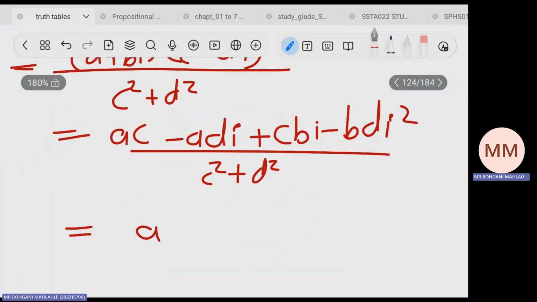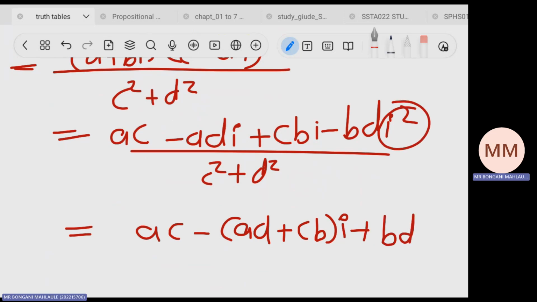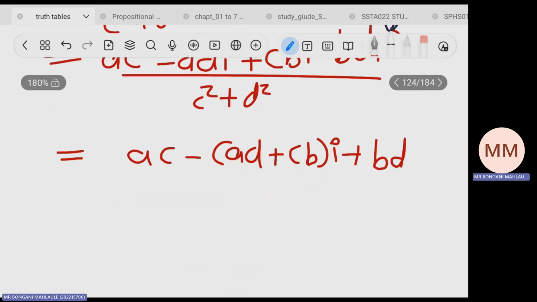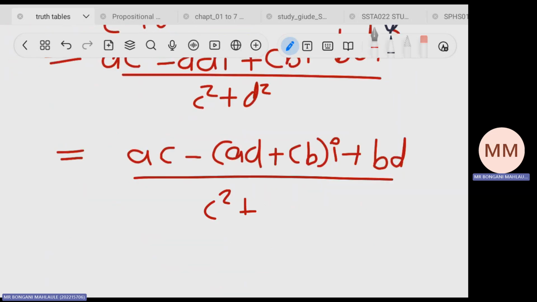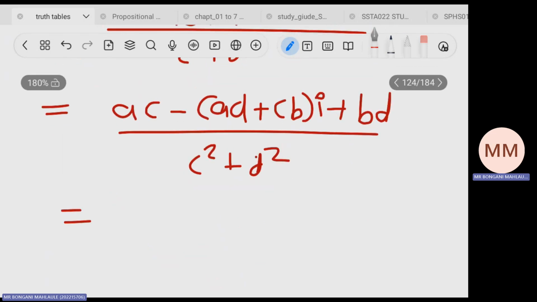Then you realize that this will be ac minus, or this will be ad plus cb, and then I take out i, minus, this will become plus bd if you replace i squared with negative 1, and all over c squared plus d squared.